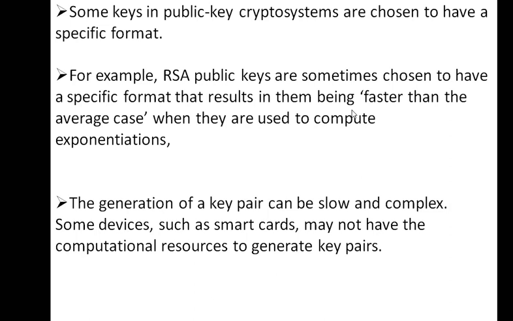Generation of a key pair can be slow and complex. Some devices such as smart cards may not have the computational resources to generate key pairs. For example, your ATM card only has a PIN, right?